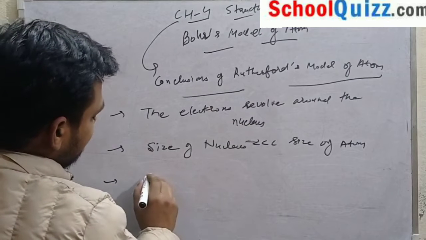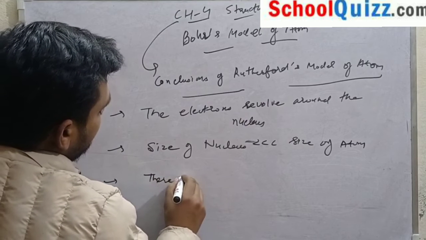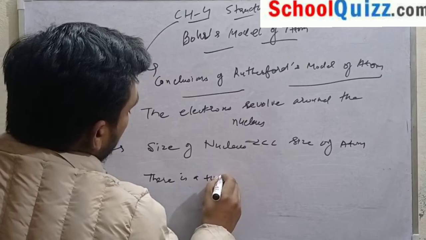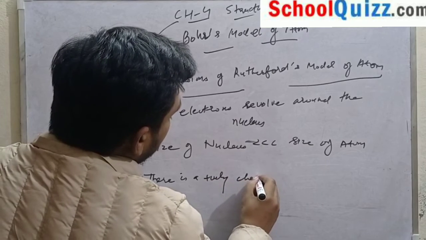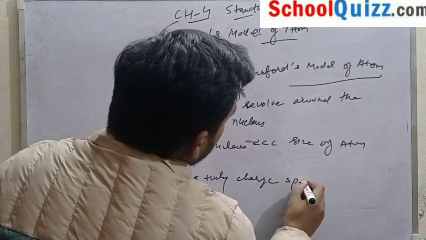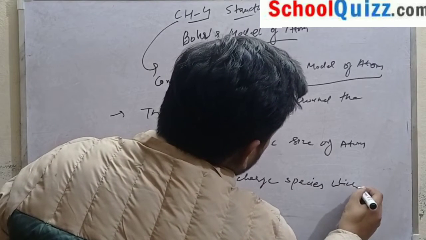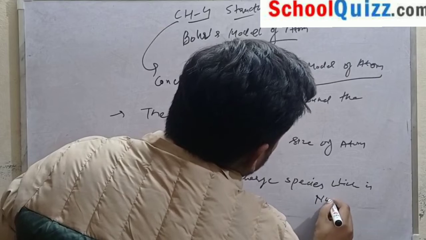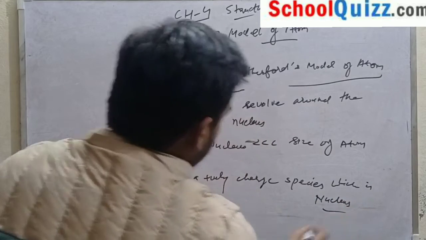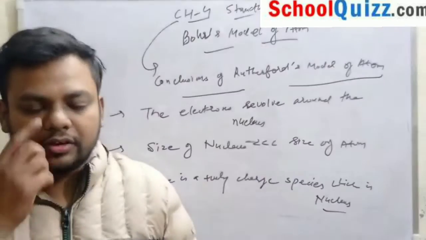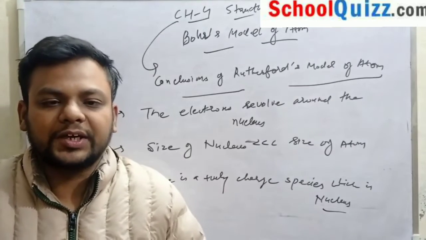And third one is, there is a positively charged species, which is the nucleus. So these were the main three conclusions of the Rutherford model of an atom.